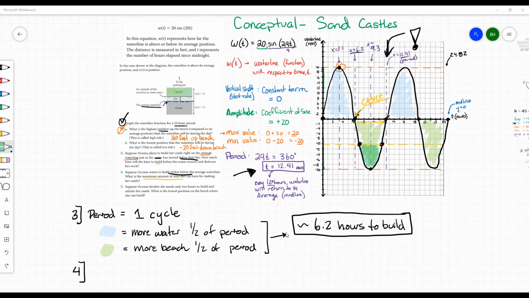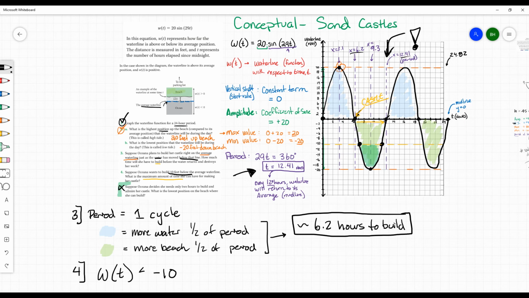In this type of problem, in addition to number 5, we're actually not going to do number 5 in this video. We're going to talk about that one in class. But for number 4, we want to figure out when this function, w of t, is going to give us a value that is less than -10.